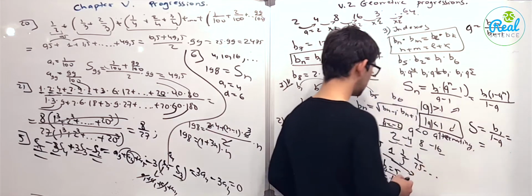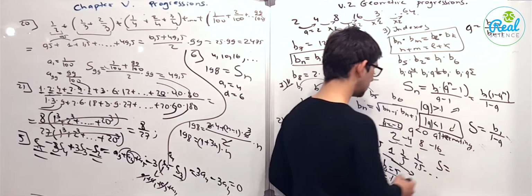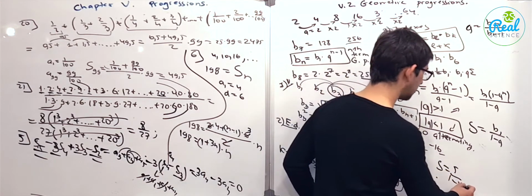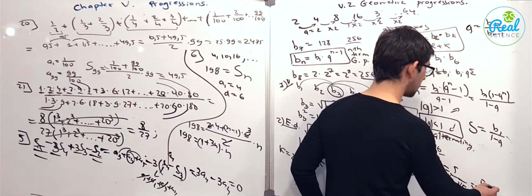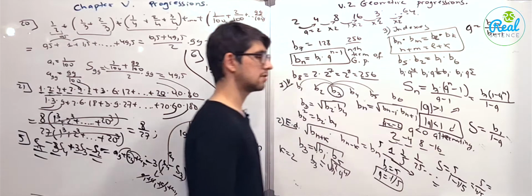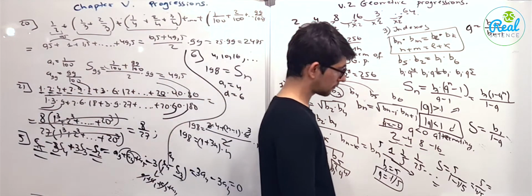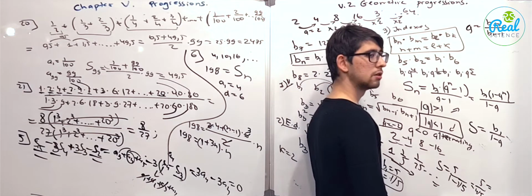Can you calculate it for this one? Let's write it over here. That equals your b1, 5, divided by 1 minus your q, 1 over 5, yes? Here you have 4 over 5, then 5. What is the result? So this is division.